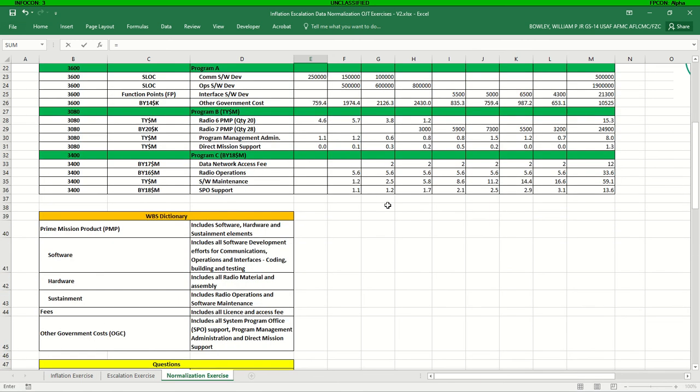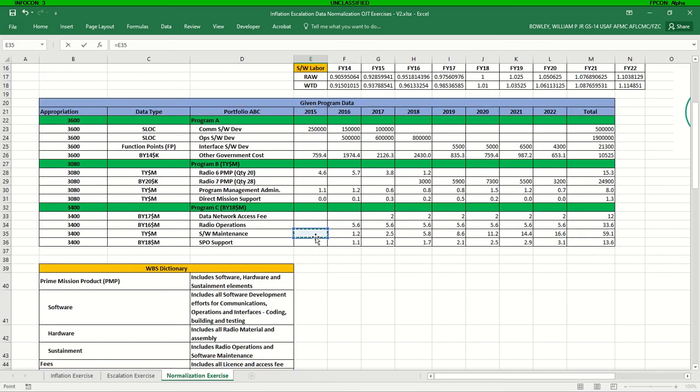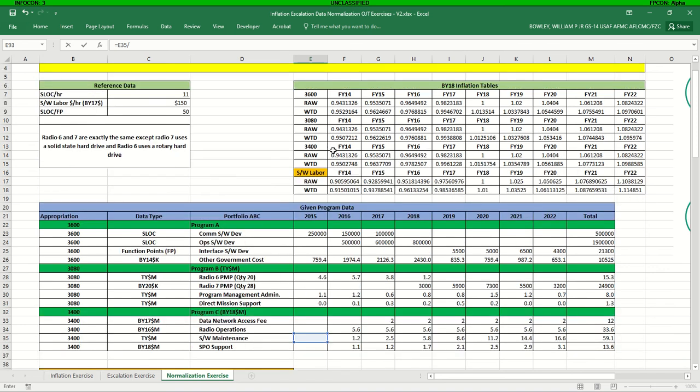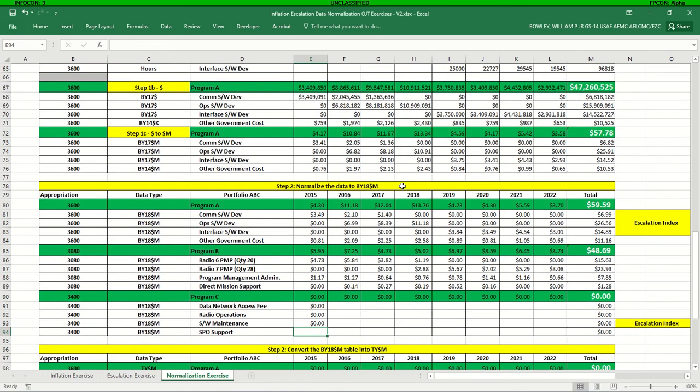Software maintenance is presented in then year dollars, so we're going to take this and divide by the weighted index for 3400 in the year in which it appears, so 15 in this case is where we're starting. So 3400 FY15 weighted index. And since this is a then year to base year, we're going to let that slide. So we're not going to lock that one.